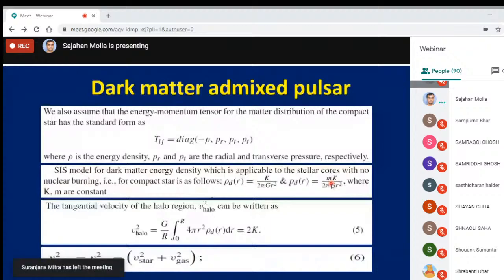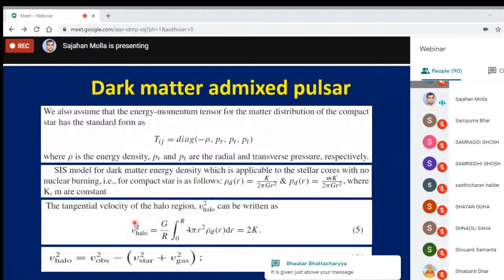Now, this velocity dispersion K is calculated from the halo velocity, which is calculated from the transverse velocity of the galaxy.